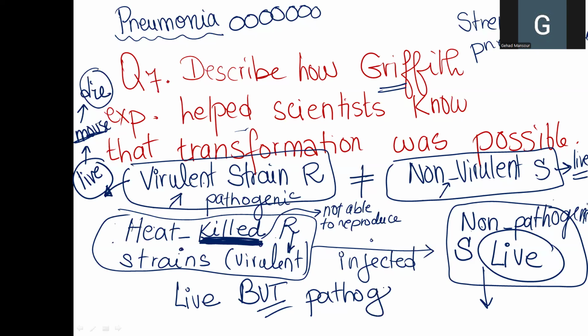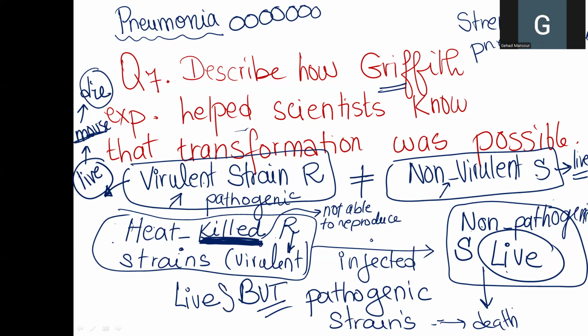So he obtained a third strain that was totally different. He obtained a live S strain having the same cell membrane, the same cytoplasm, but that was capable of causing death. And of course, this third strain that was obtained will cause death if injected.